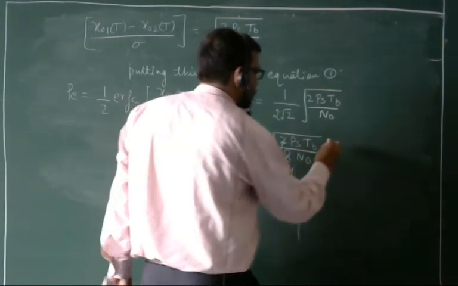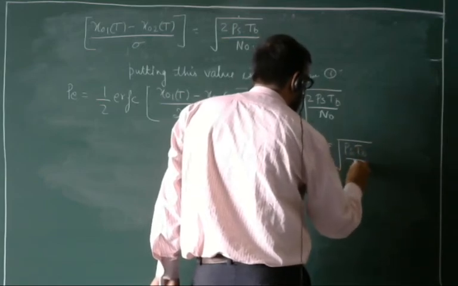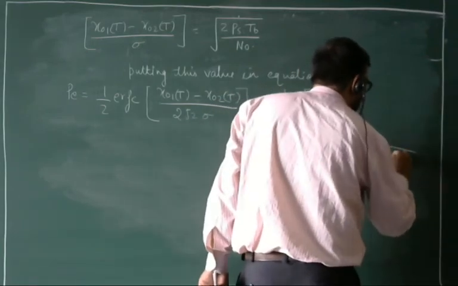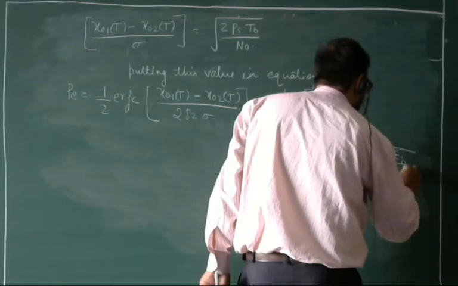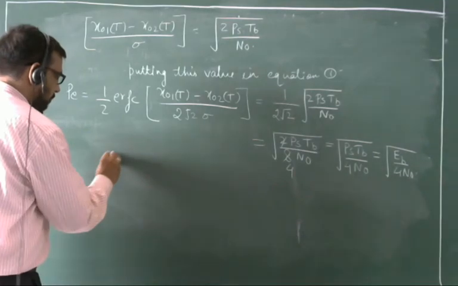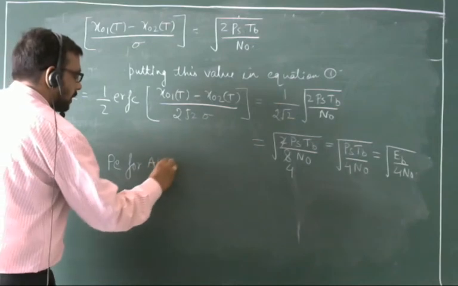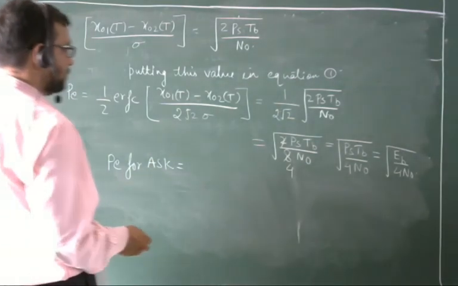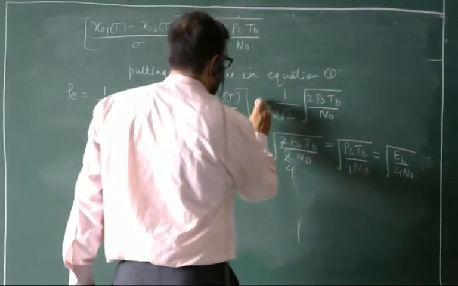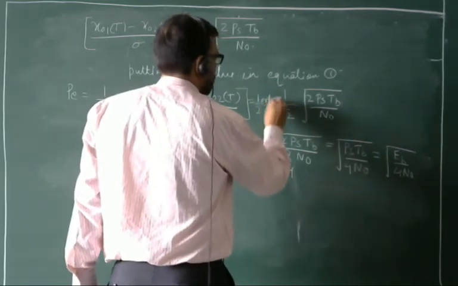This will cancel out, we get under root pi Tb upon 4 N naught, and this quantity is equal to the energy of the bit, that is Eb upon 4 N naught. So finally we get the probability of error for ASK, of error function.